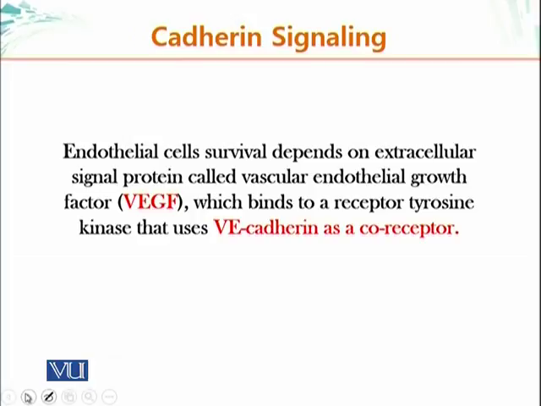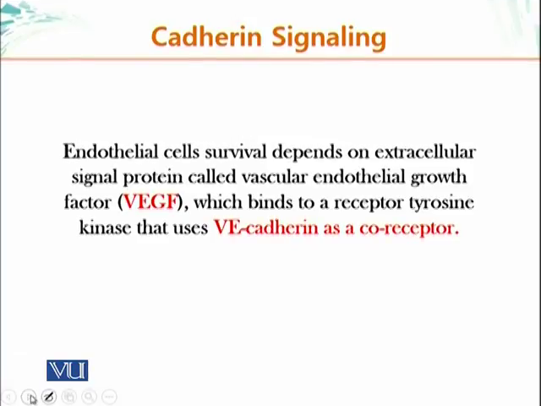Endothelial cell survival depends upon an extracellular signaling protein called vascular endothelial growth factor or VEGF, which binds to the receptor tyrosine kinase. It uses VE cadherin as a co-receptor. So these cadherin molecules are not only helping cells stick with each other, but they're also providing cells with important signals that they are allowed to live in a particular place.